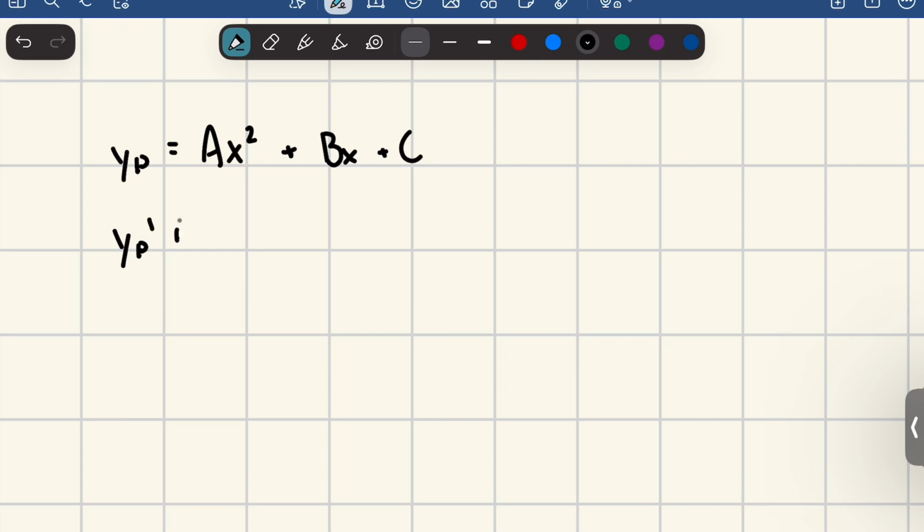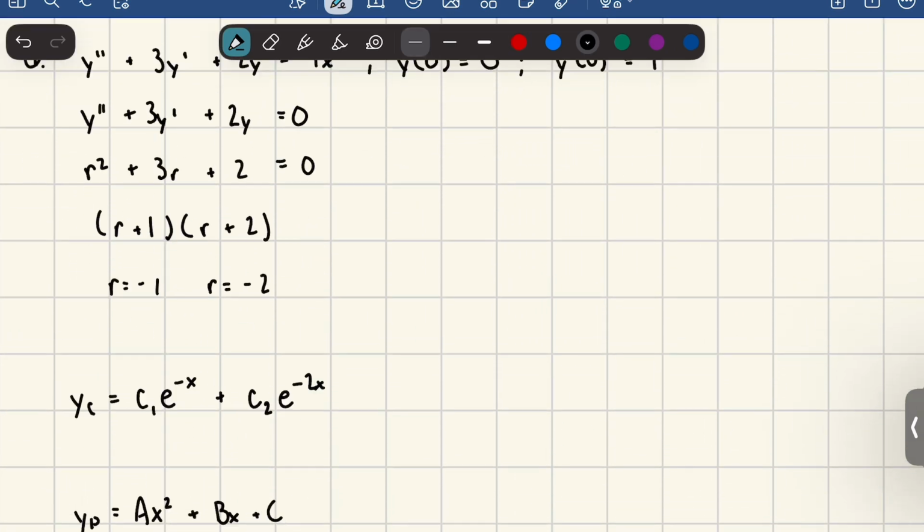Now I have to compute the first and second derivatives. So I'm going to get 2ax, and then it comes down to 2a. Now I've got to sub these all into the original equation.